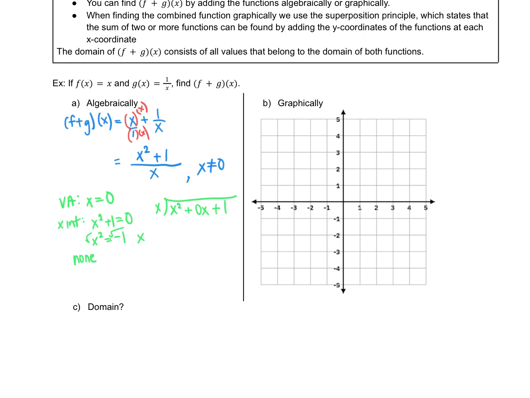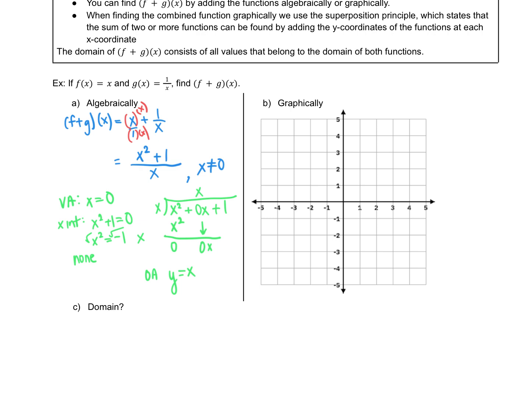What times x gives me x squared? That would be x. Okay, that's 0. Then I bring the 0x down. What times x gives me 0? Well, that's just 0. So we're kind of done here. Our oblique asymptote is y equals x.